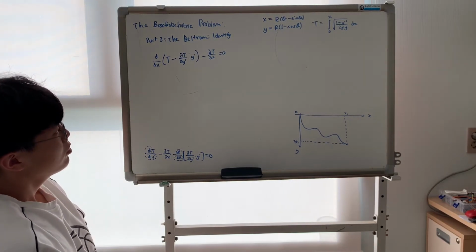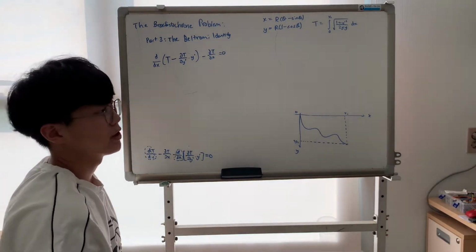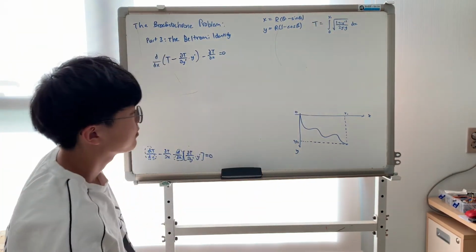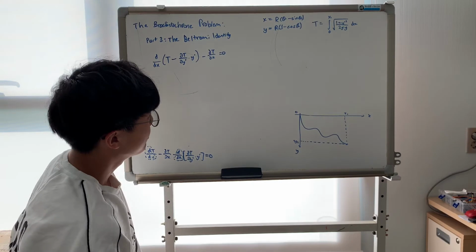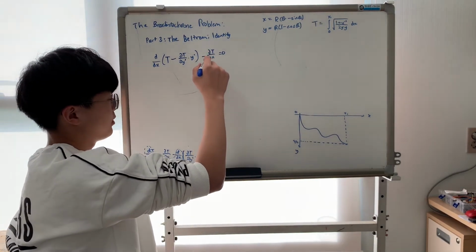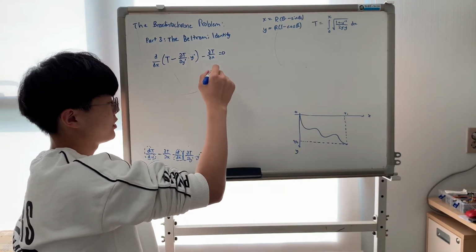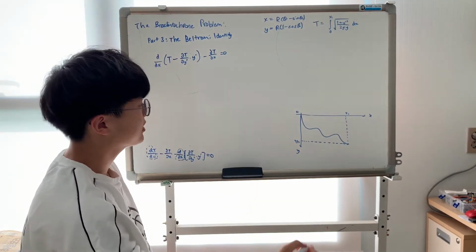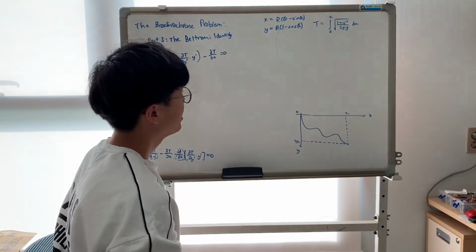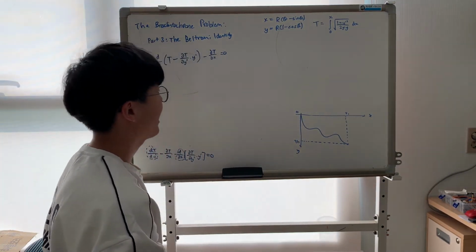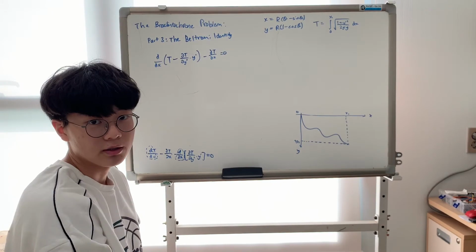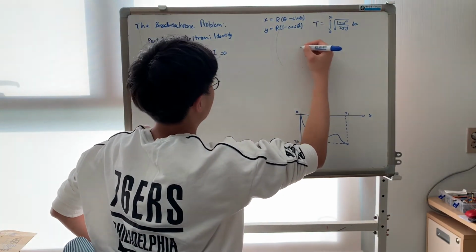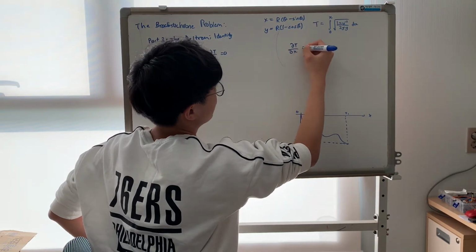And now, what do we know about partial t over partial x? When we take the partial derivative of the functional t with respect to x, we're basically considering anything other than x as a constant.